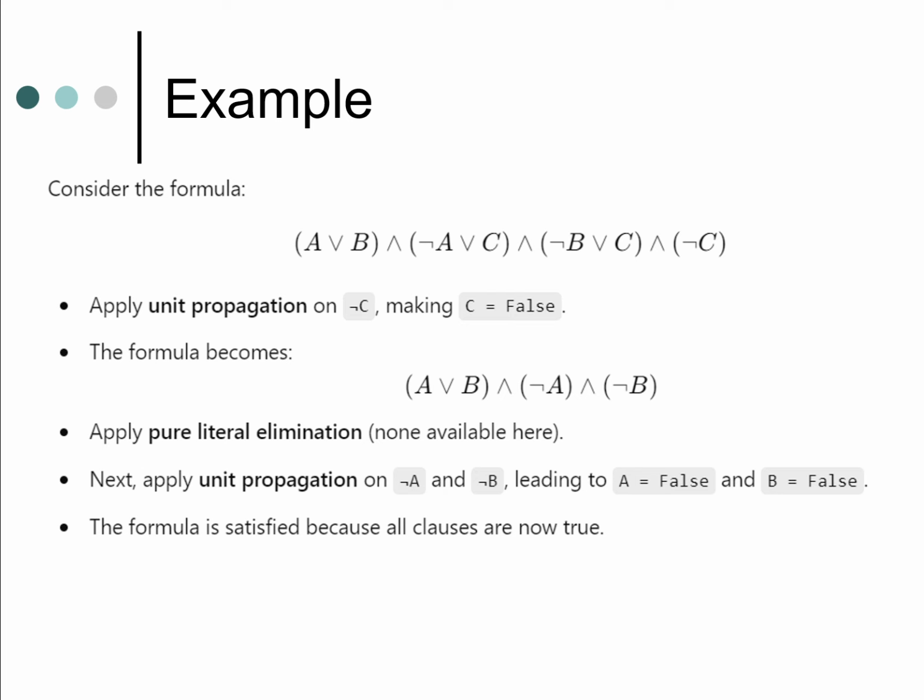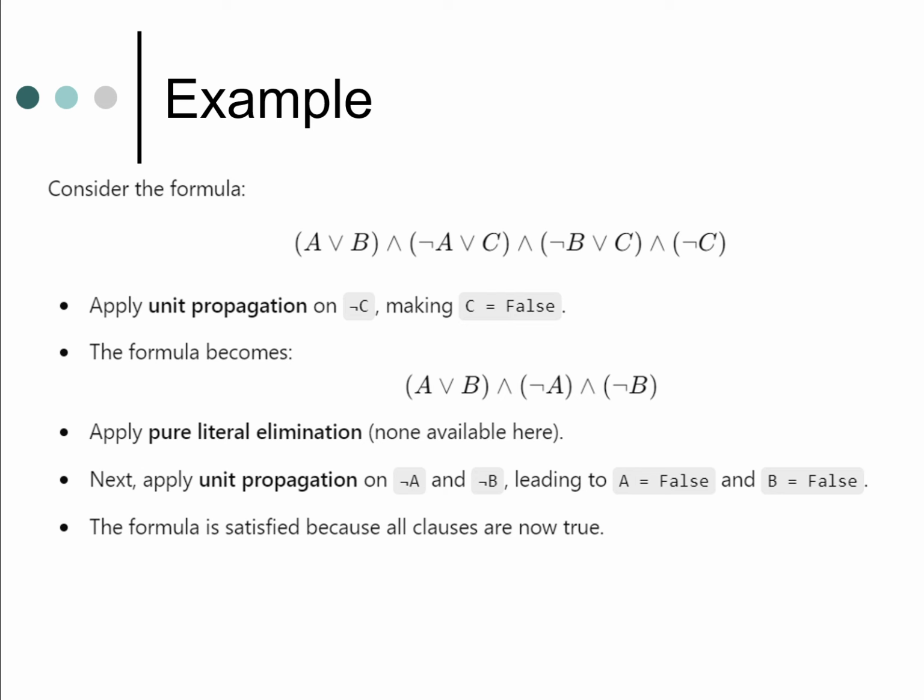In the second step, we can apply pure literal elimination. We check whether we have only one polarity. It has both A and not A, and B and not B, so we can't apply pure literal elimination.